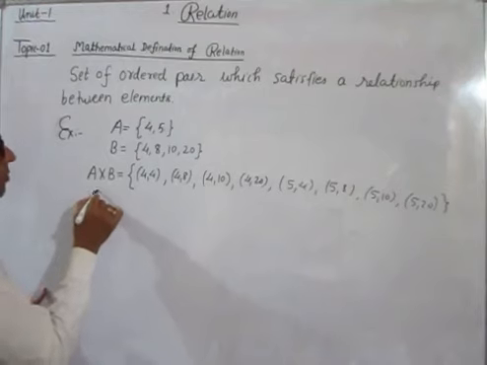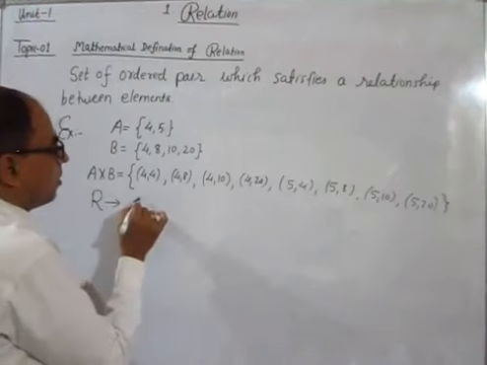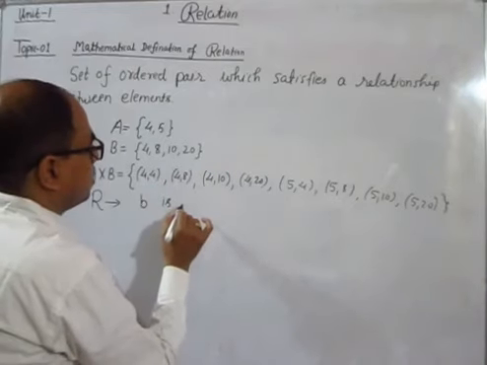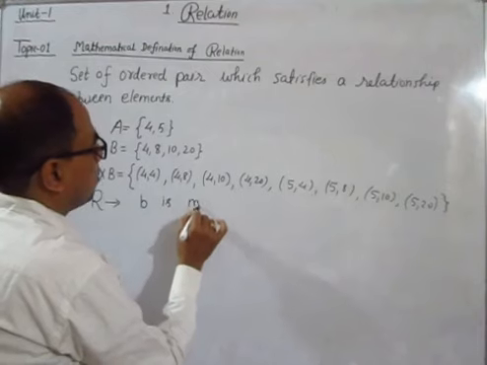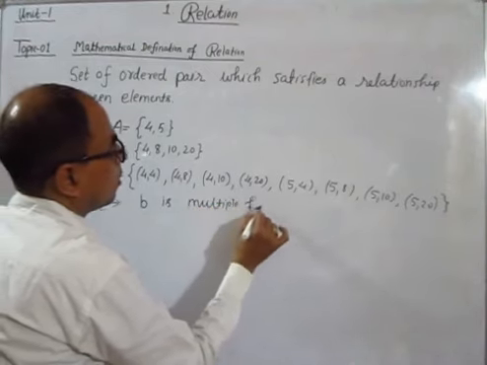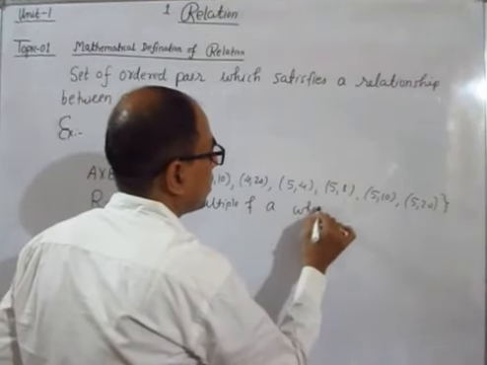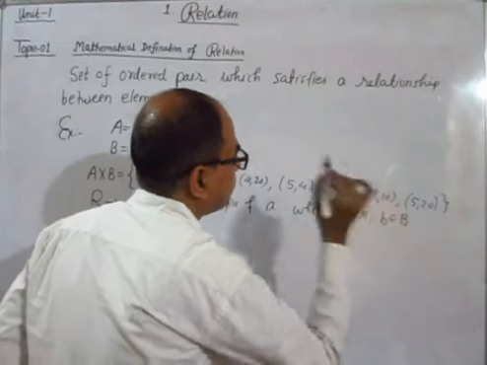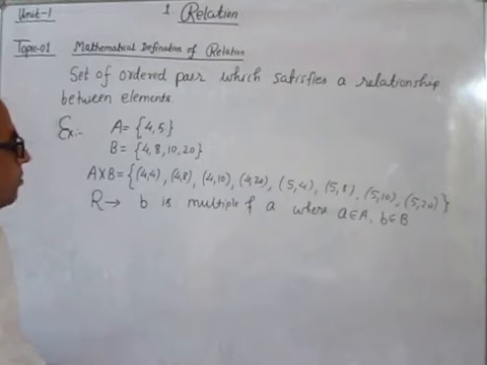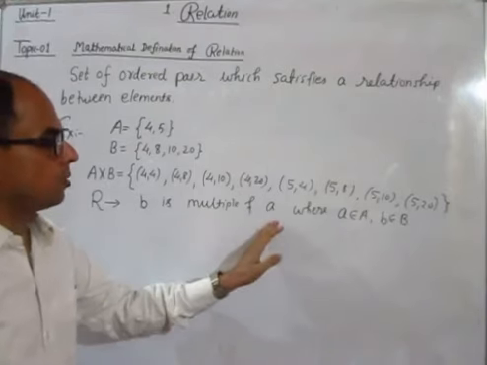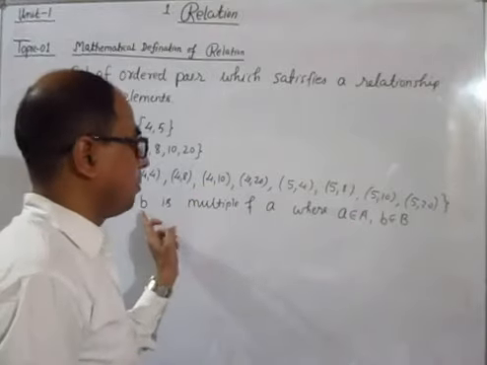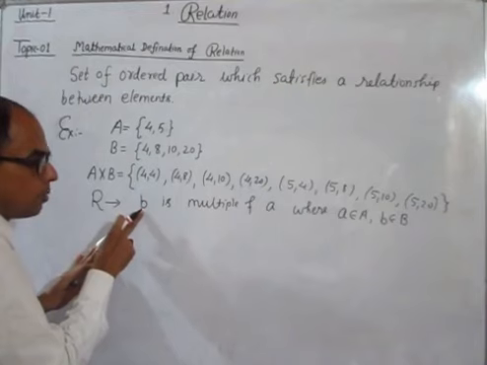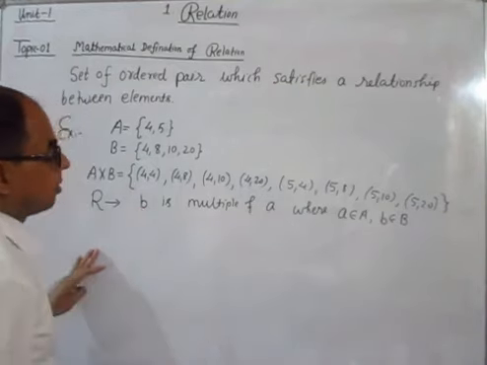Now let us consider one relation. Let us define one relation: element B is a multiple of element A, where element A belongs to set A and element B belongs to set B. Suppose we are considering the relation B is a multiple of A, where A belongs to set A and element B belongs to set B. So see here, the second element of the ordered pair is a multiple of the first element of the ordered pair.